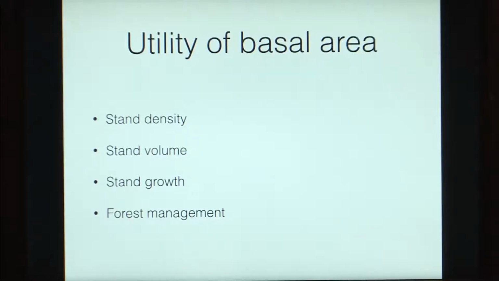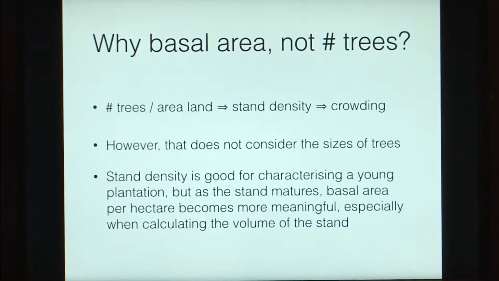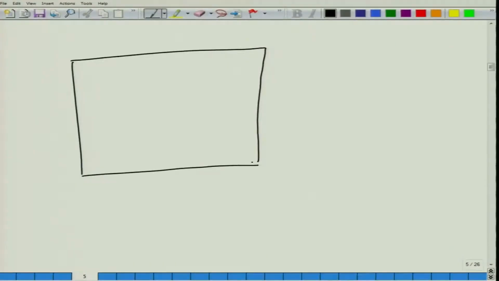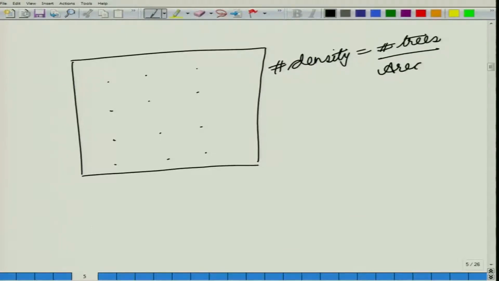So, now the next question is, why do we take basal area and not the number of trees? For instance, if you had a plot of land, you could count the number of trees that are there in the plot and find out the number density, which is equal to the number of trees upon the area of the sample plot.